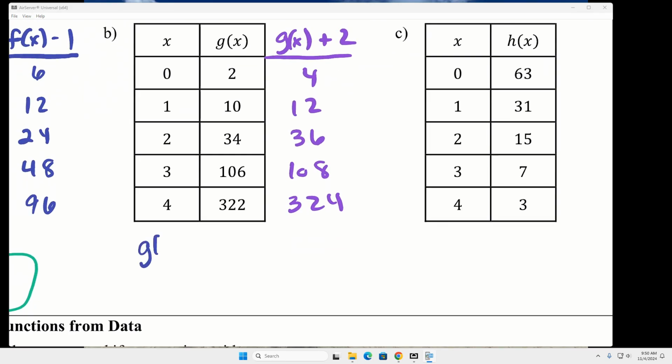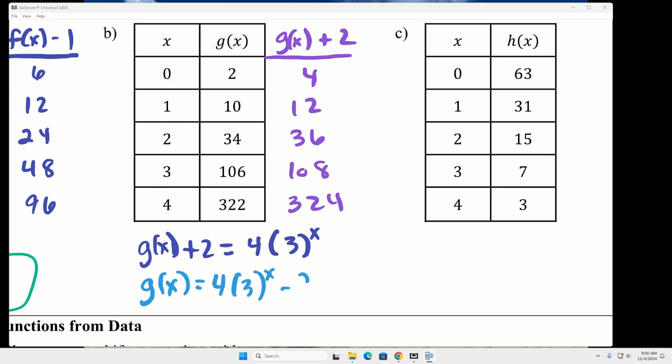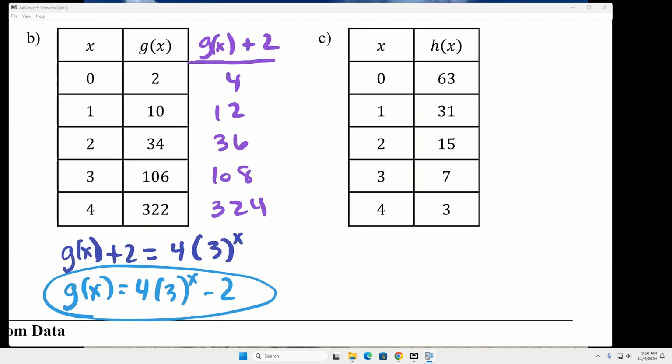So what we'll do is we'll start off and we're going to write an equation for the purple column, the g of x plus 2. Initial value is 4. What are we multiplying by each time? 3. All right, and then to get the equation for g of x, we're just going to subtract that 2. All right, so I want you guys to try to do C all on your own.